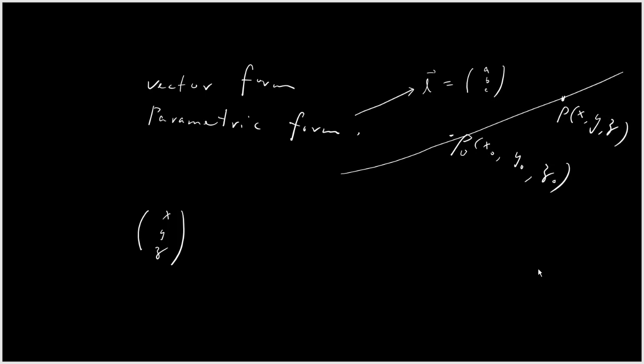So x, y, and z are variables. It depends on the location of P. For different locations of P on the line, the values of x, y, and z are different, right? So they are variables.